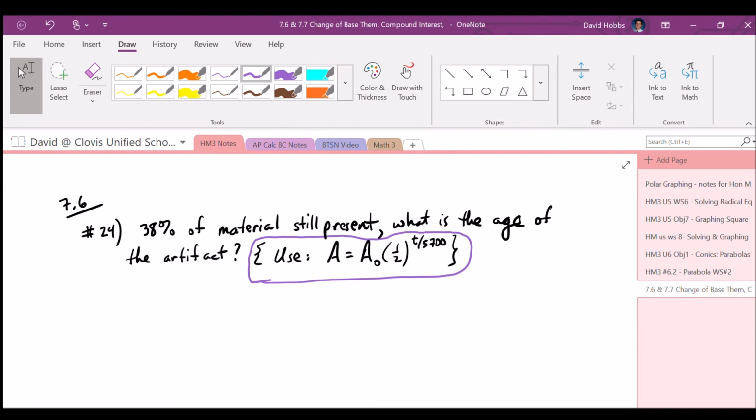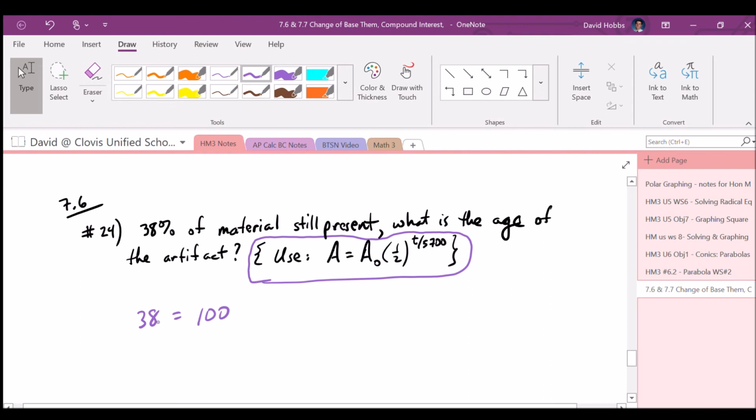So A equals A sub 0 times 1/2 to the T over 5700. 38% of the material for a certain artifact is still present. What is the age of the artifact? We don't know how much we started with, but I suggested use 100 to begin with.